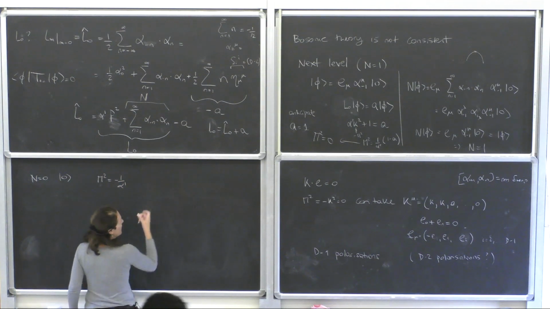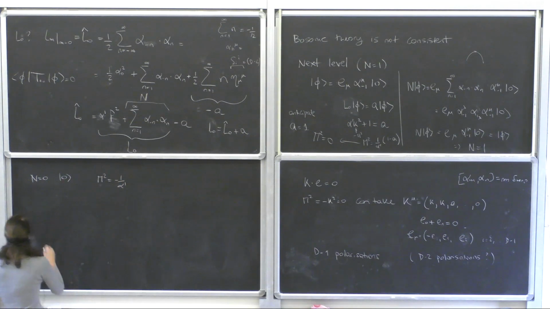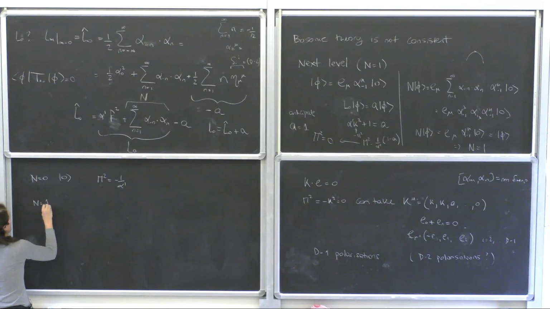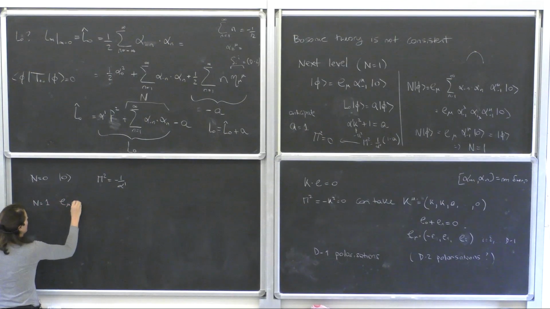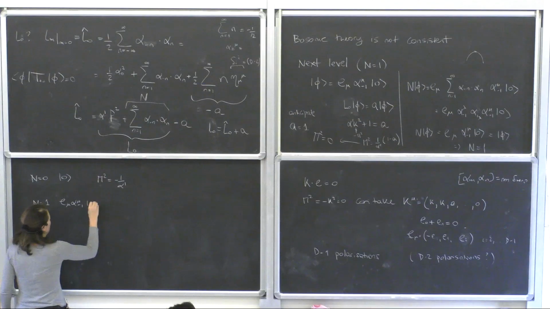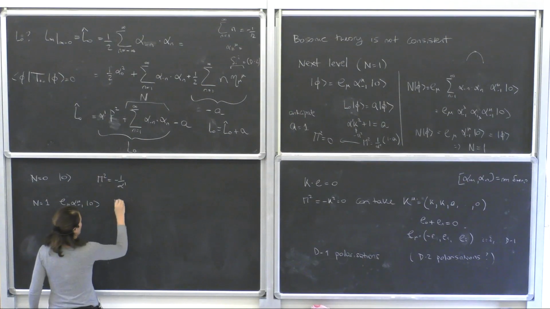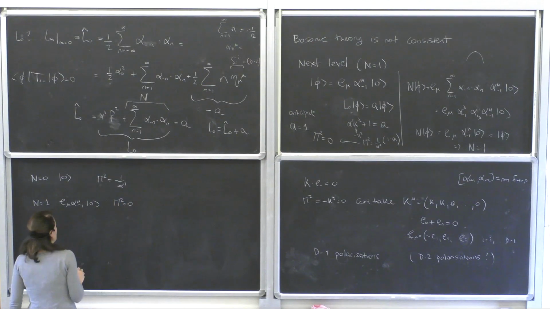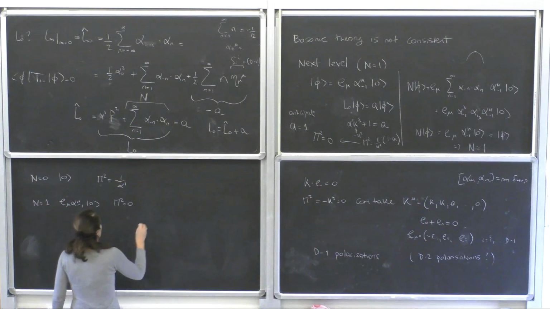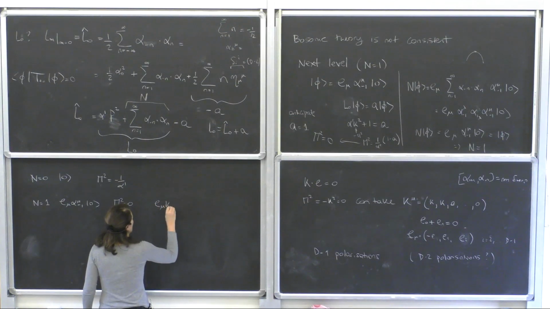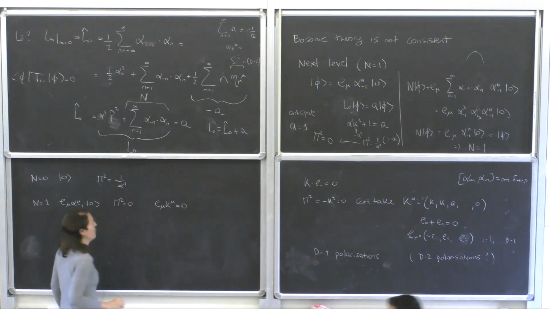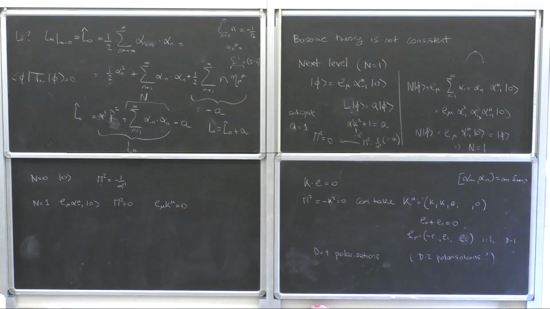So I'm using a equals 1 already. Then at n equals 1, we have m squared equals 0, and the condition is that this polarization is orthogonal to K.